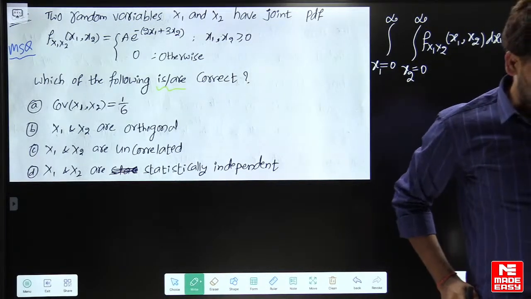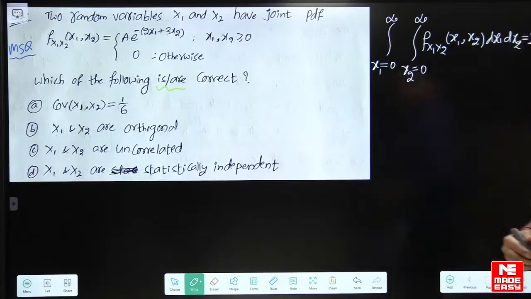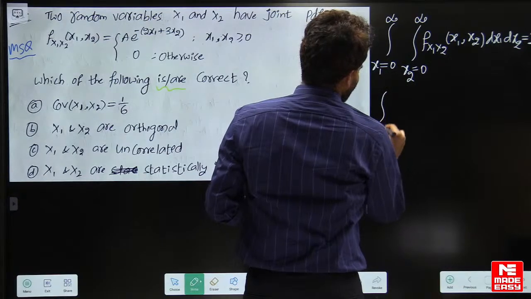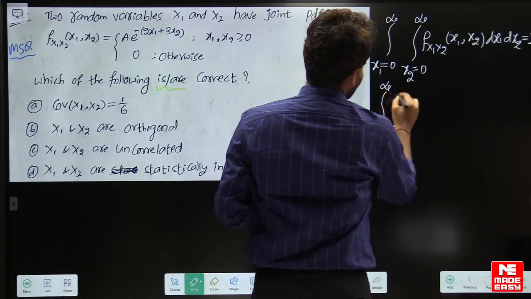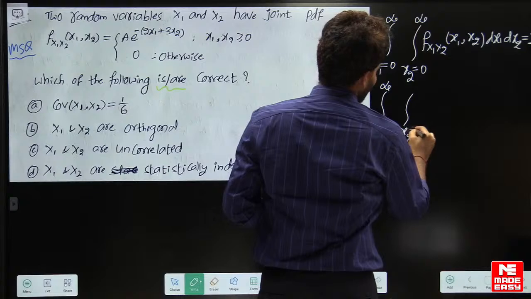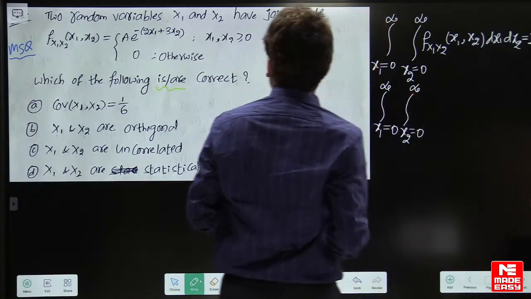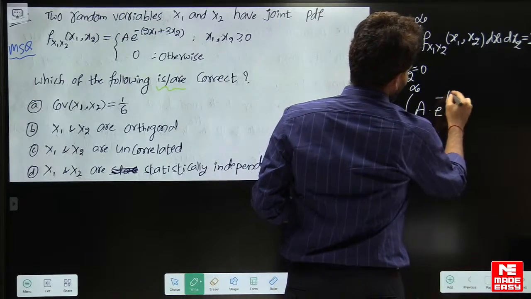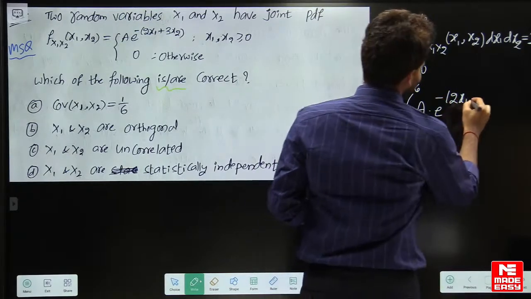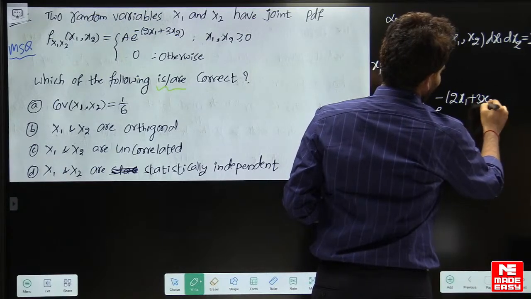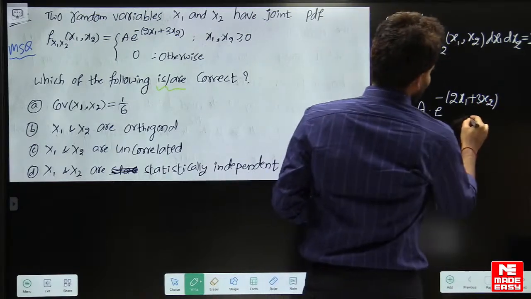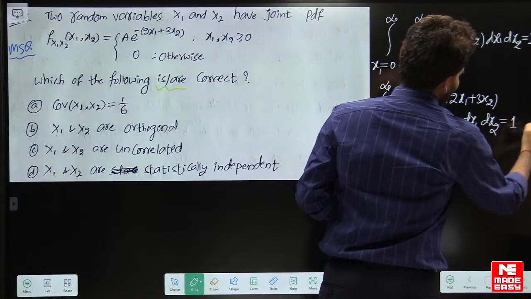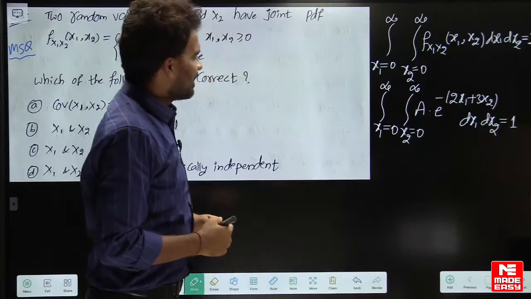Yes, Manish Kumar is saying the a value is 6. Okay, let's check this. x1 from 0 to infinity and x2 from 0 to infinity, a times 2 e power minus (2 x1 plus 3 x2) dx1 dx2 equals 1.